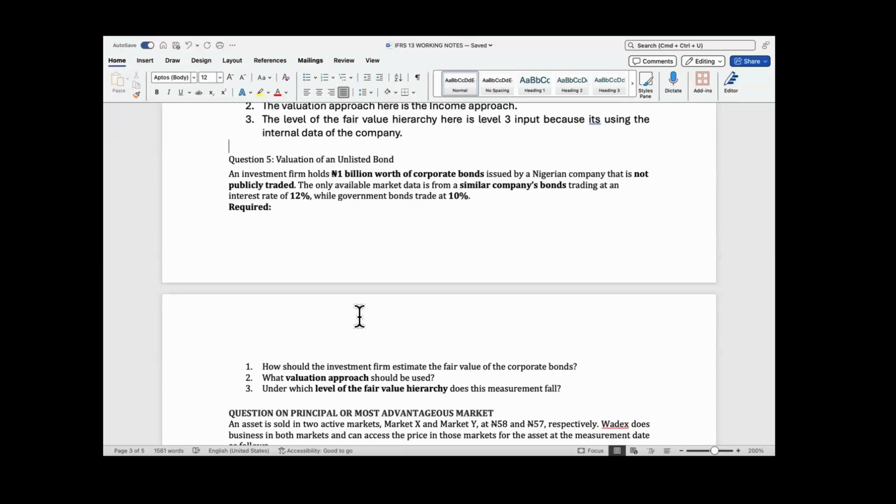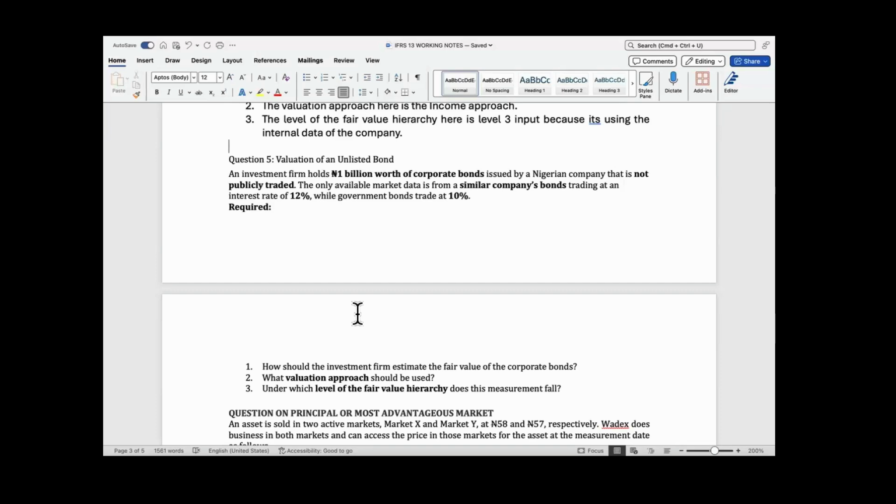Okay, because this is the last question here, can we have a discussion on this? Is there anyone that can do the analysis for us? The investment firm owns 1 billion worth of corporate bonds issued by a Nigerian company that is not publicly traded.